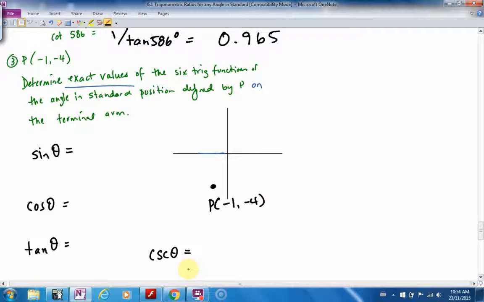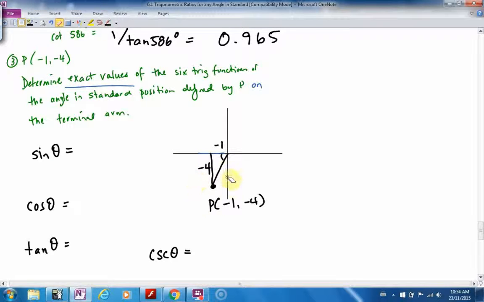Okay? When you know the point, you can draw the triangle in that quadrant. We want to draw the triangle so that there's a reference angle, and the reference angle is always measured to the x-axis. So we want it measured here along the x-axis. And then we can label the sides of the triangle -1 and -4, the x-coordinate and the y-coordinate.